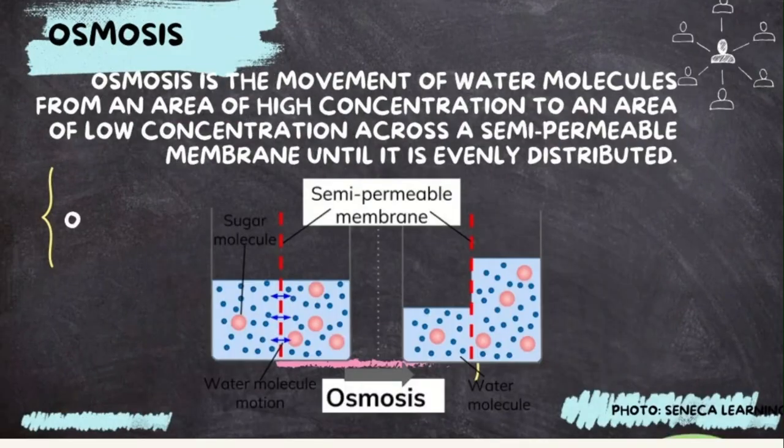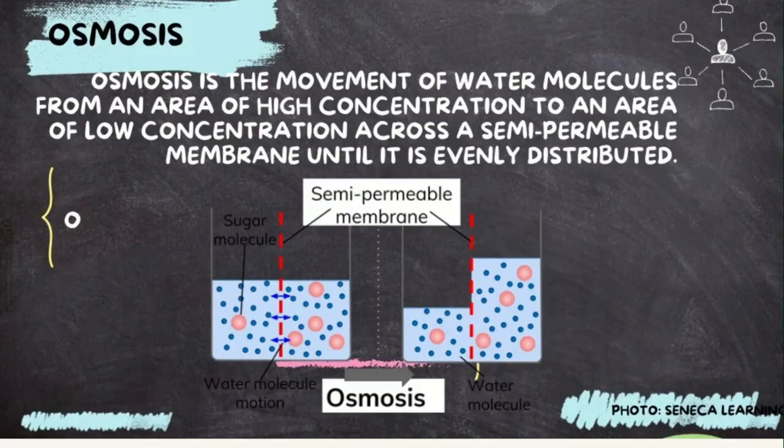Then you have osmosis, and osmosis is very similar to diffusion, except it's happening in water, specifically moving water molecules from an area of high concentration to an area of low concentration across a semi-permeable membrane until it is evenly distributed.